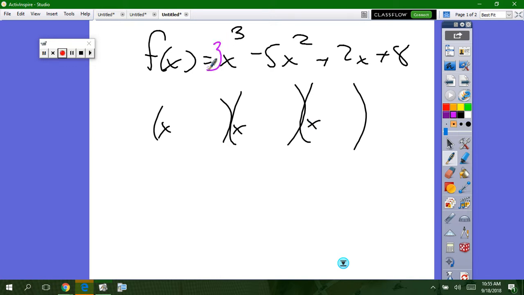What does one of these have to have in him? Somebody has to have a 3 there, doesn't he? Because x times 3x gives me my 3x cubed. You guys agree with that? Okay, but he's not there right now, so I'll hurry and get rid of him. But understand, if it's other than just 1, you still have to multiply it to get there, don't you?